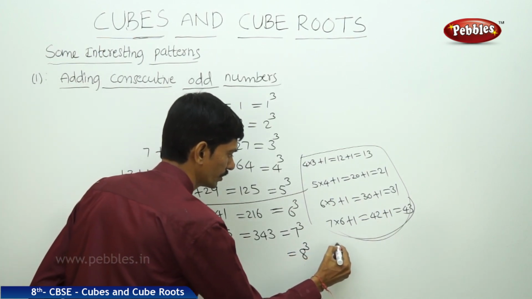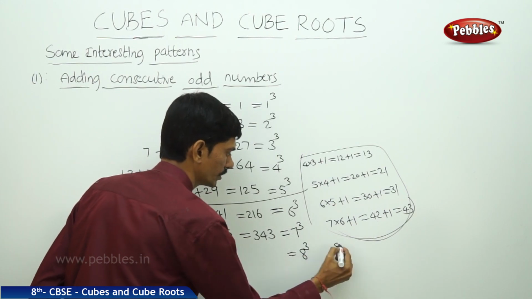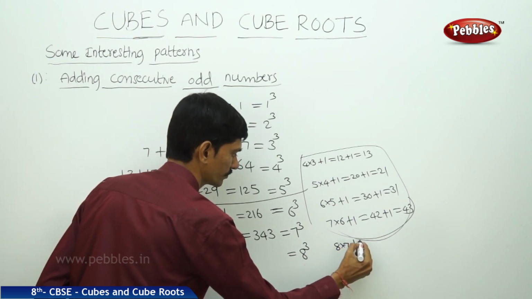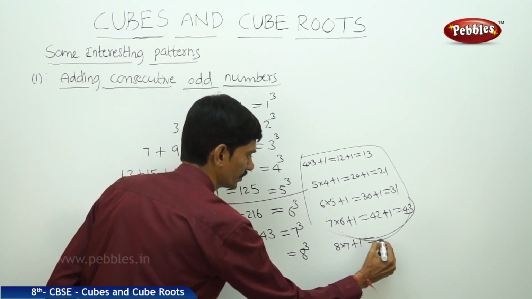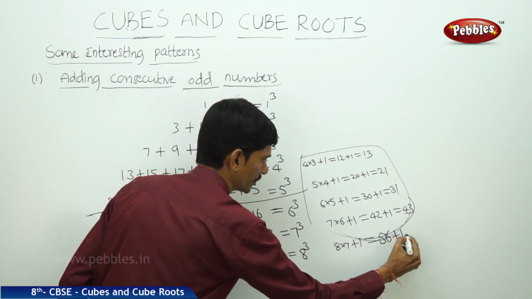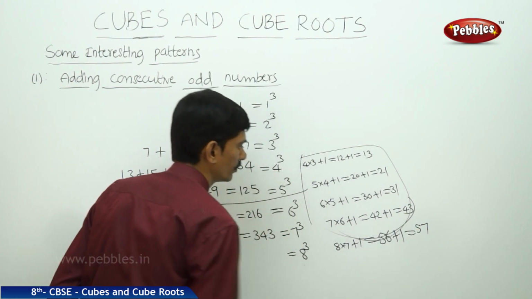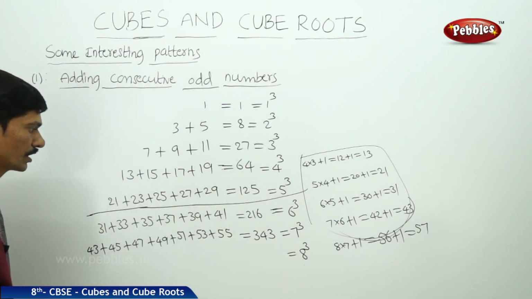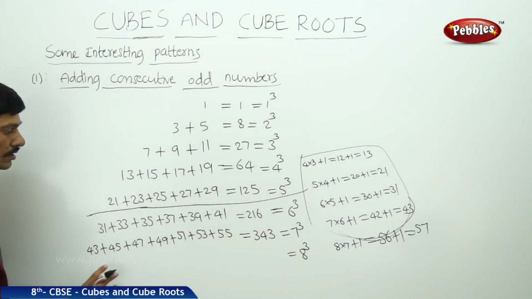So then how can you write 8 cube? We know that 8 cube, so 8 into 7 plus 1. So 8 7s are 56 plus 1, this equals 57. So starting from 57, you should take consecutive odd numbers.